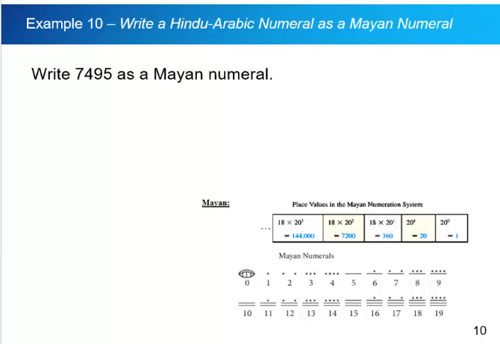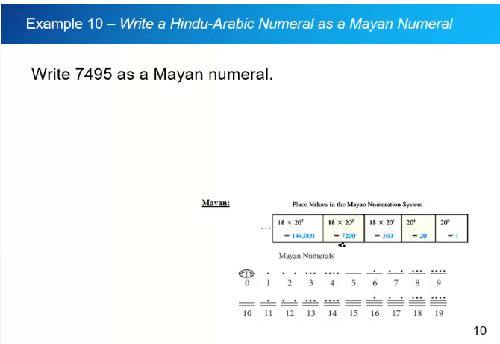Finally, let's go the other way. It's the same idea as the Babylonian though. We want to know, first of all, how many place values do we even have? So look over here to see what's the highest number without going over 7,495.